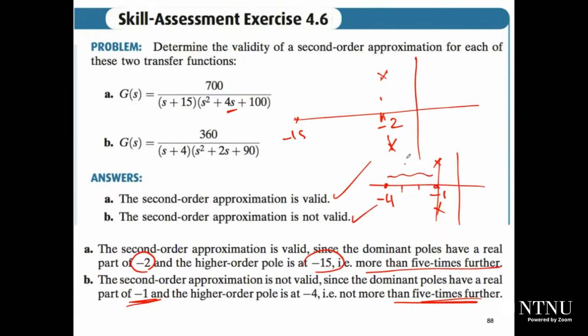The first one is more than 5 times, so it can be approximated, while this one cannot be approximated by a second order system. So when you approximate your system, you need to investigate the location of the third pole, whether it is located 5 times away from the real part of the dominant poles or not.